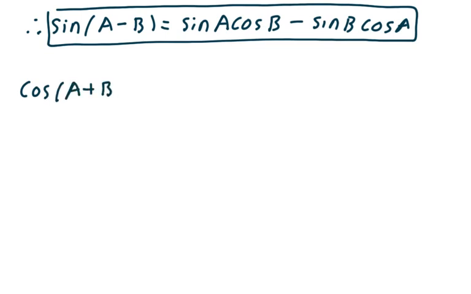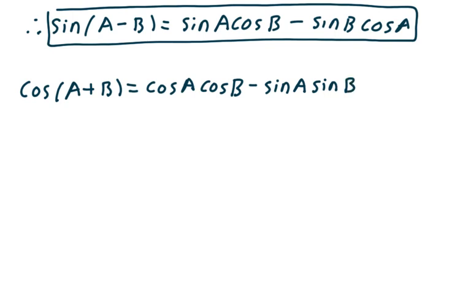cosine of a plus b is cosine a cosine b minus sine a sine b. Now, if we want to take a look at cosine of a minus b, that's the same as cosine of a plus negative b.